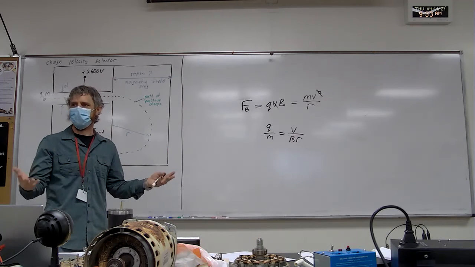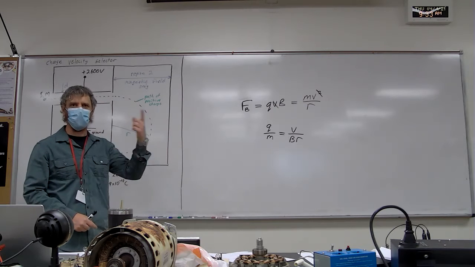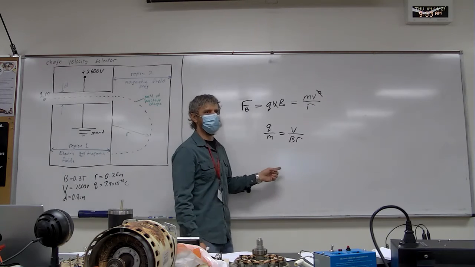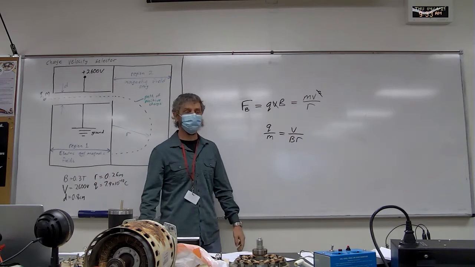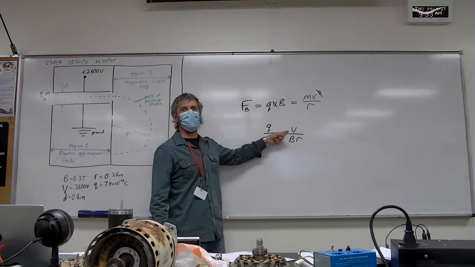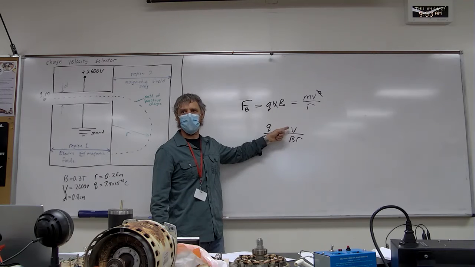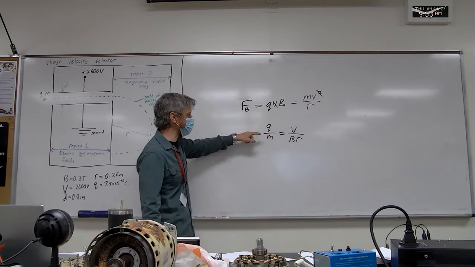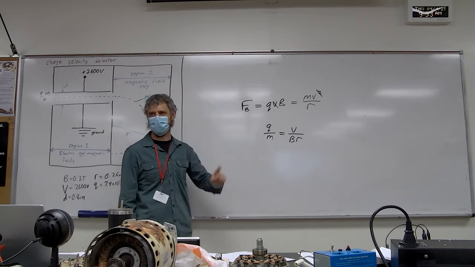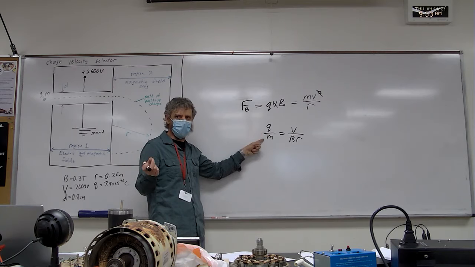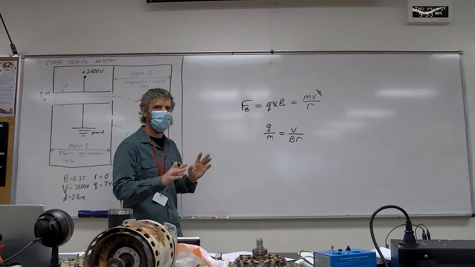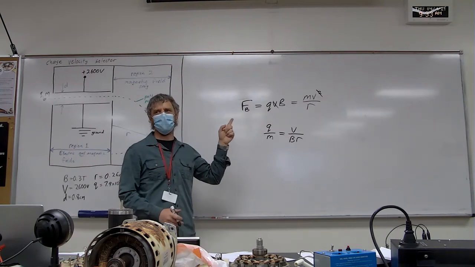But in today's world, we can get those beams to go in a perfect circle, and we can measure that radius relatively easily. But we got to know the speed that the electrons are moving. If I knew the speed, then this simple equation tells me what the charge to mass ratio of the electron is. We couldn't know the charge or the mass per se, but we could know the charge to mass ratio.